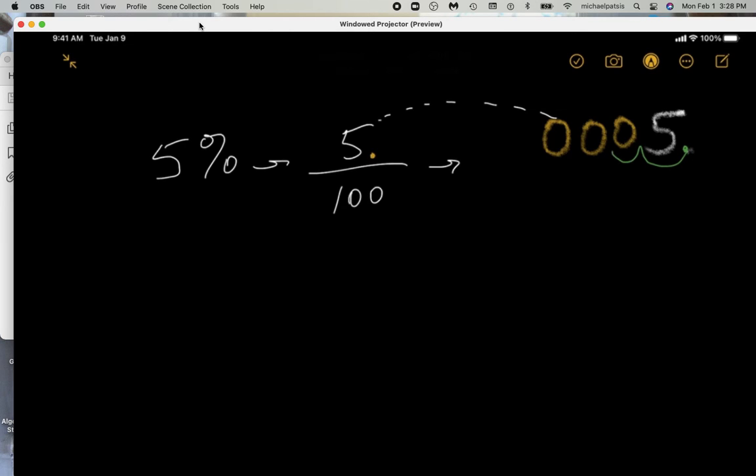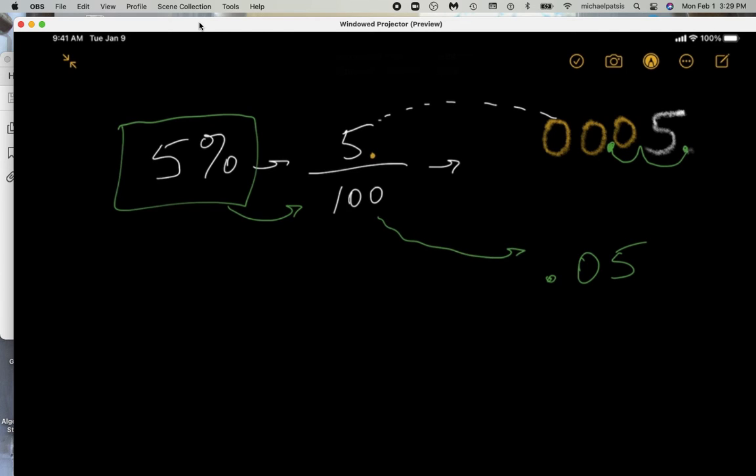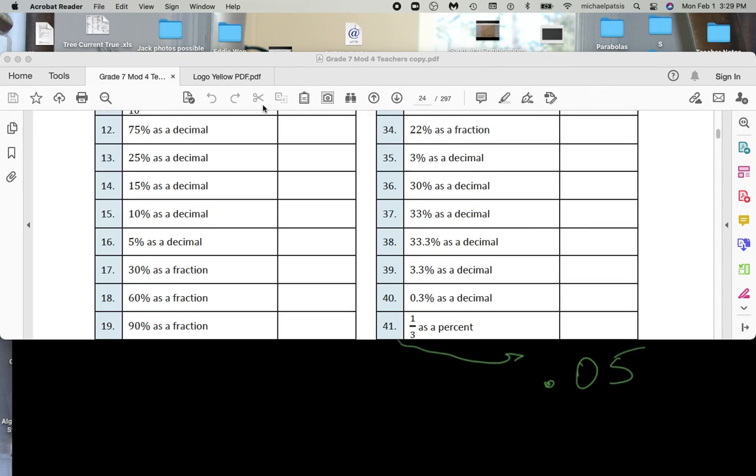We go 1, 2, it goes right there. So my answer is 0.05. So 5%, we switch to a fraction first. That reminds us that we're dividing by 100. When we divide by 100, we move the decimal place 2 spaces to the left.